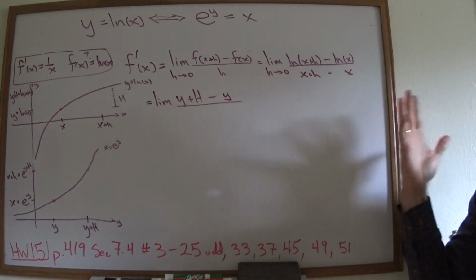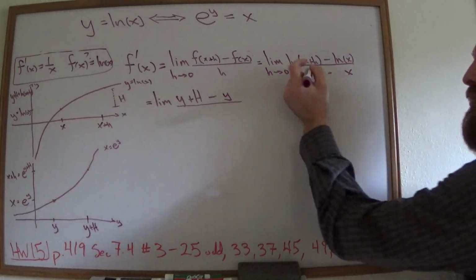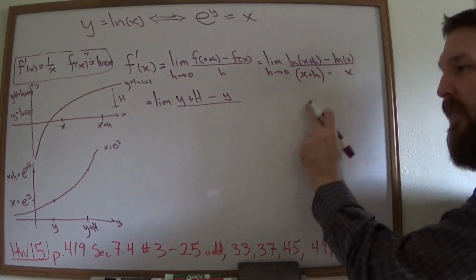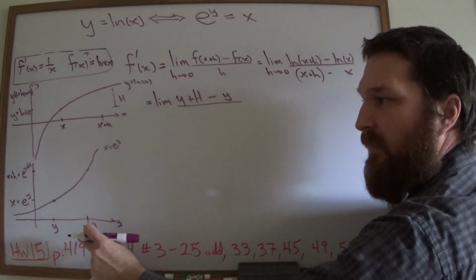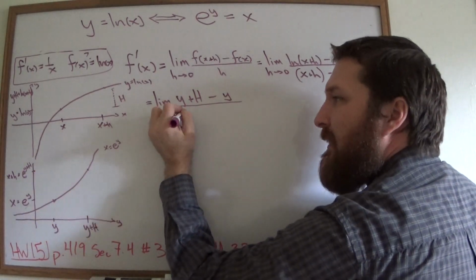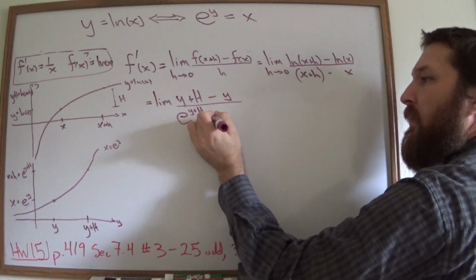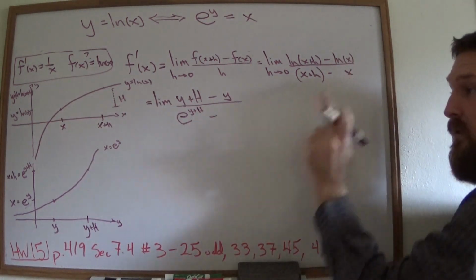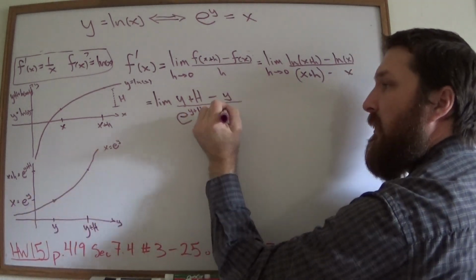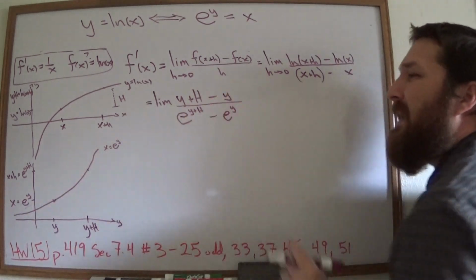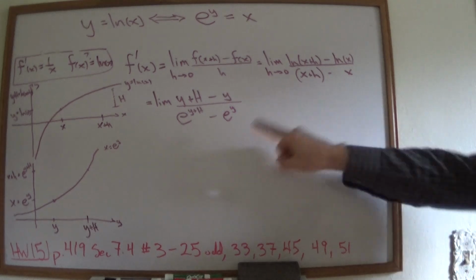Okay. X plus h down here, now we've renamed that. X plus h is now e to the y plus capital H, minus x, which was this guy right here, e to the y.